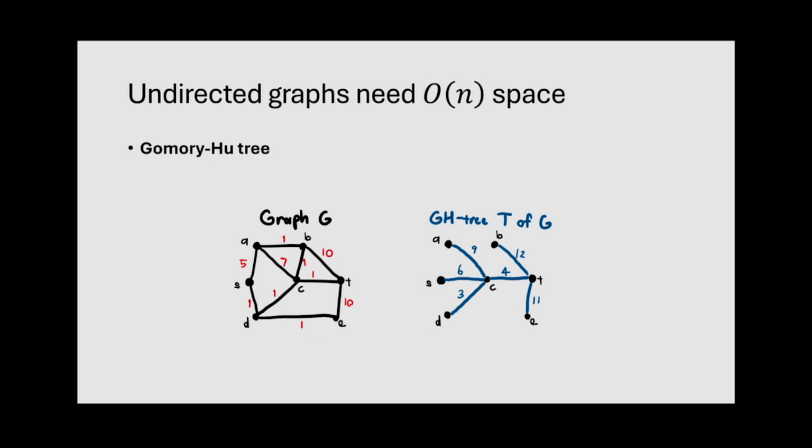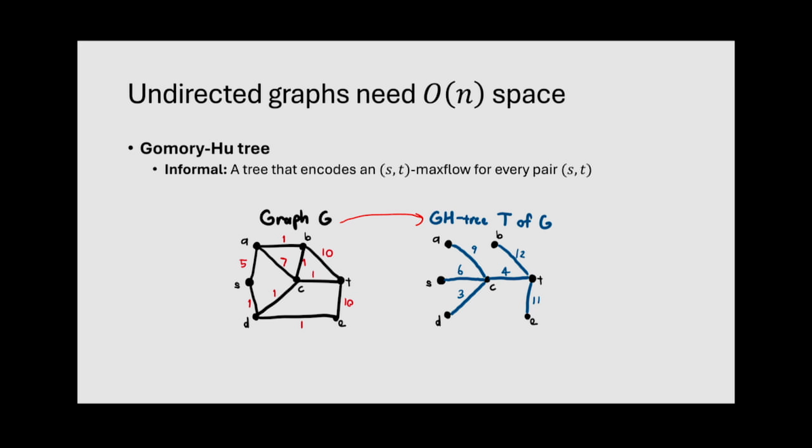Now, how about undirected graphs? We know that there is a really nice structure called the Gomory-Hu tree. Informally, given any graph, there exists another tree that encodes all the s-t max flow values between all pairs in a very strong sense.